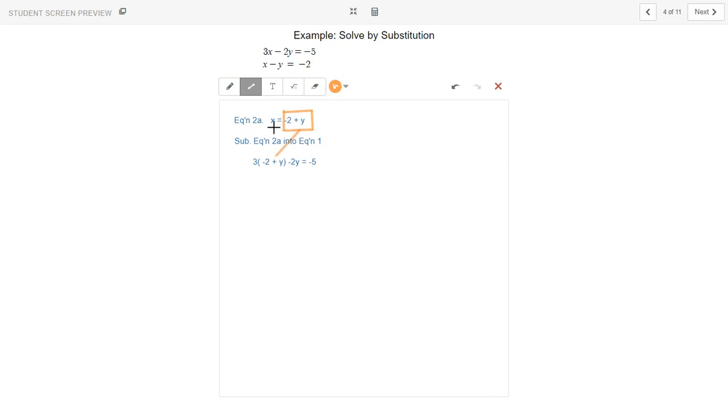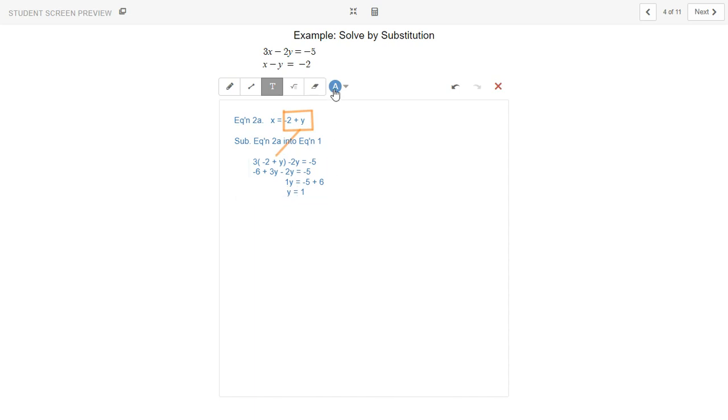We know that this is equal to x, so we inserted it where we see the x. Now we can continue to simplify. So negative 6 plus 3y minus 2y is equal to negative 5. 1y is equal to negative 5 plus 6, and we have y is equal to positive 1.